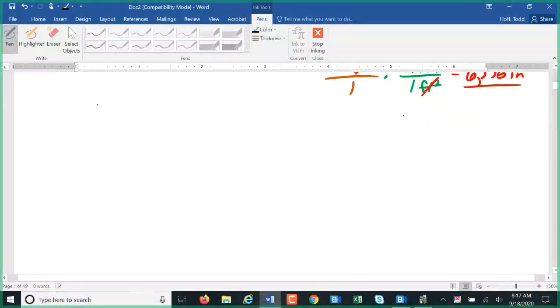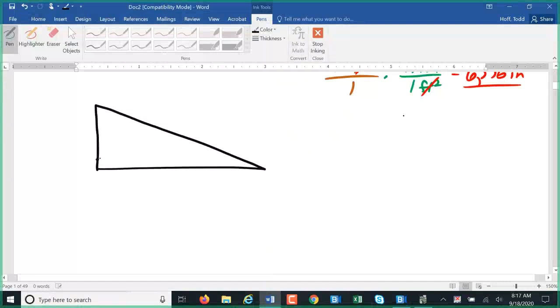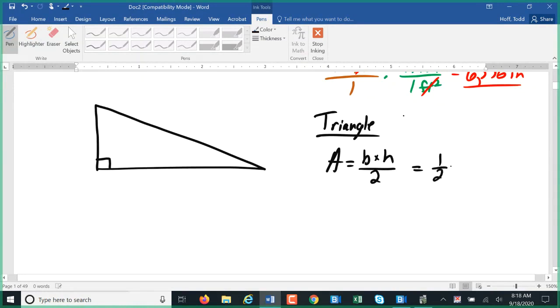Triangles. We're looking at right triangles especially. Area of a triangle is base times height divided by 2, or 1/2 times base times height. Either way you look at it.